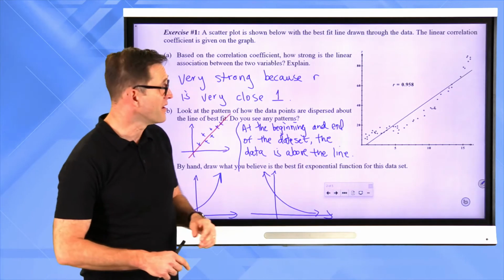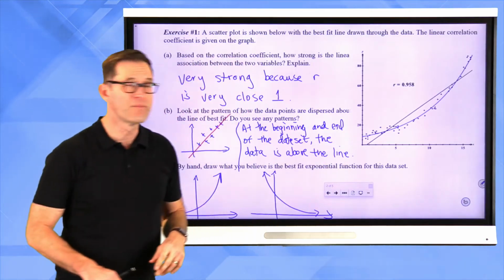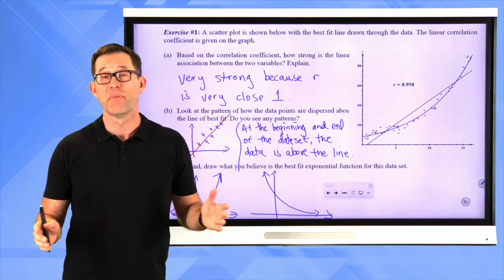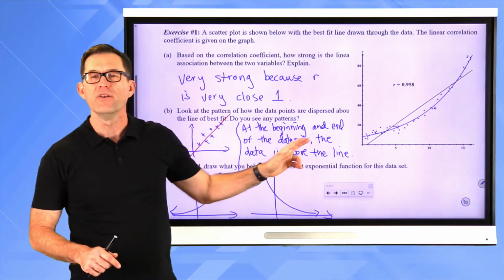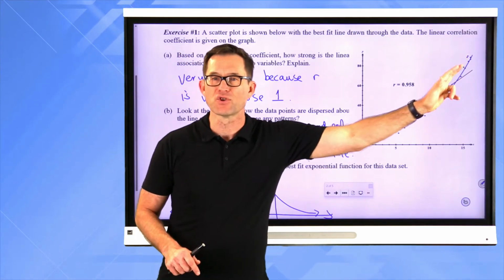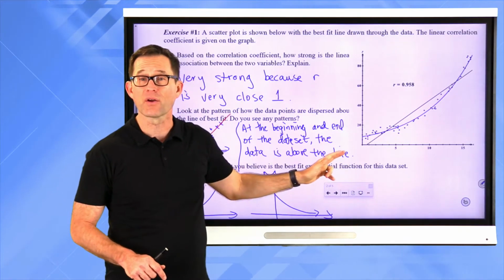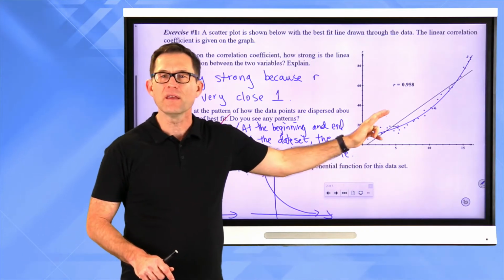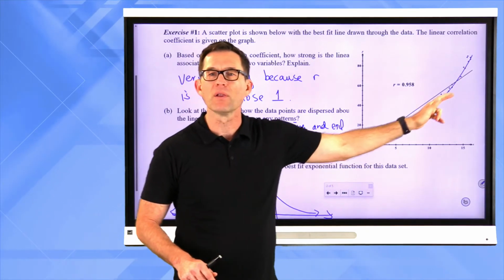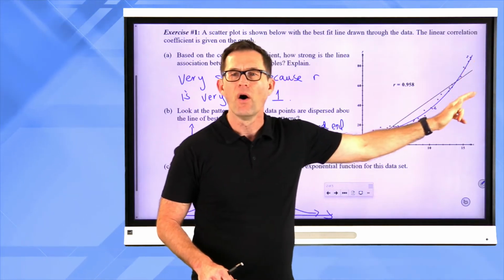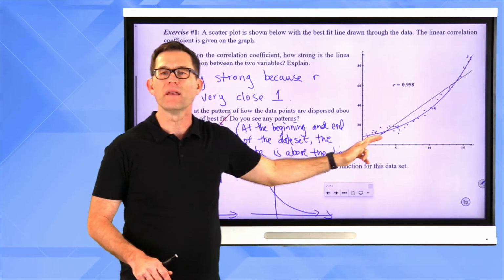All right, well for me, I of course have the magic wall, and I actually got the best fit exponential there. And notice with this best fit exponential, not only is it going through the data quite nicely, but now we see the data being above and below the exponential curve all along the domain of the data set.